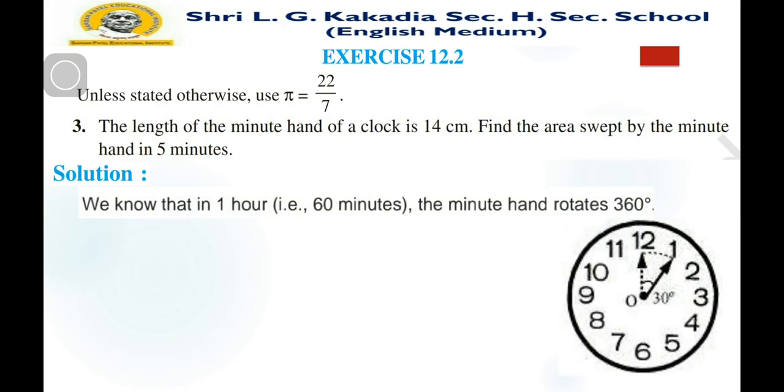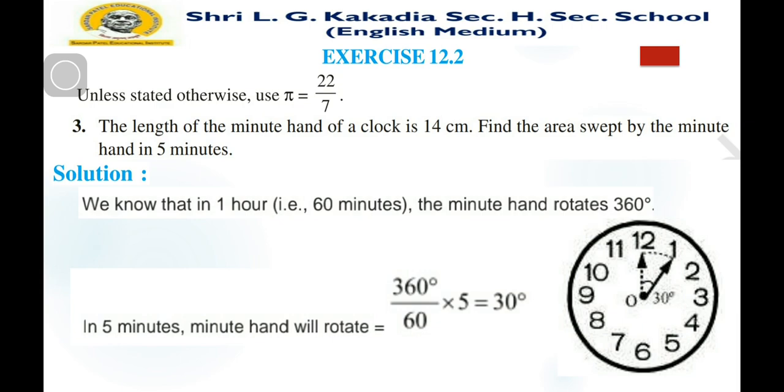In 5 minutes the minute hand will rotate 360 divided by 60 into 5, which is equal to 30 degree. So the minute hand rotates 30 degree in 5 minutes.